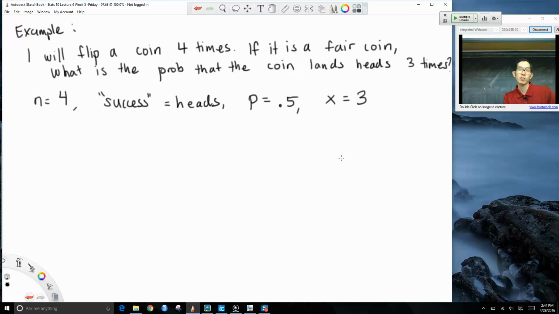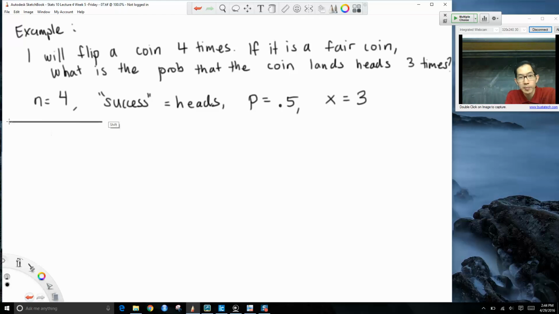Simple enough. This is a binomial problem with n 4, p 0.5, and x is 3. On Monday, we'll go through calculating these actual probabilities if we're given the n, p, and the x. But for now, we're just going to talk about identifying what a binomial problem is and identifying these quantities n, p, and x.